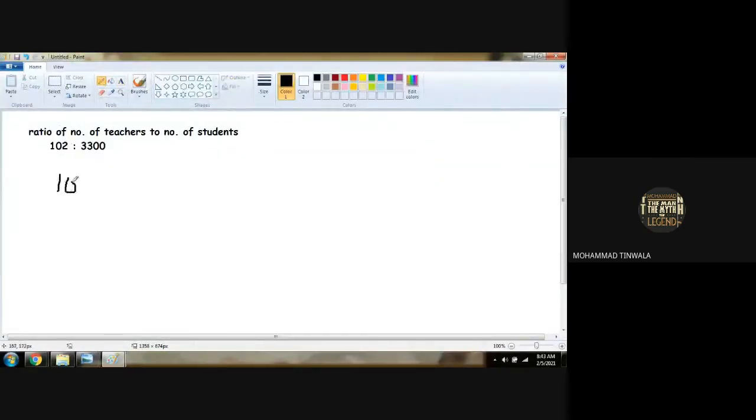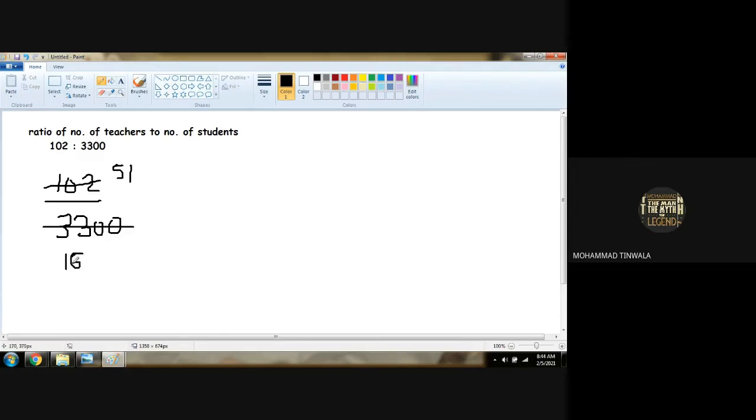So 102 divided by 3300. Both are divisible by 2. 2 5s are 10. 2 1s are 2. 2 7s are 14, sorry. 2 6s are 12.